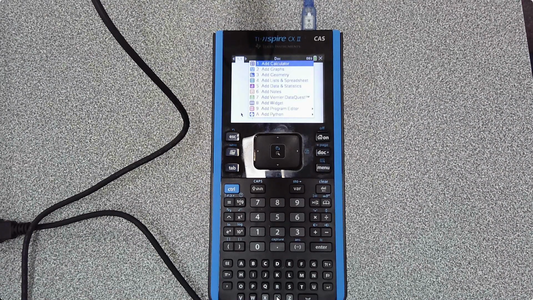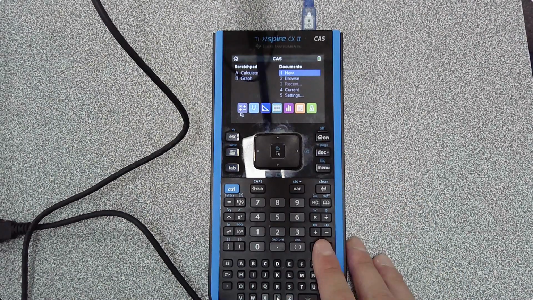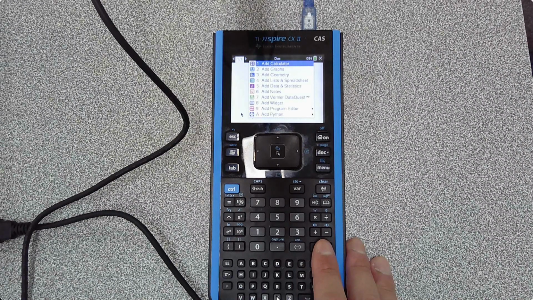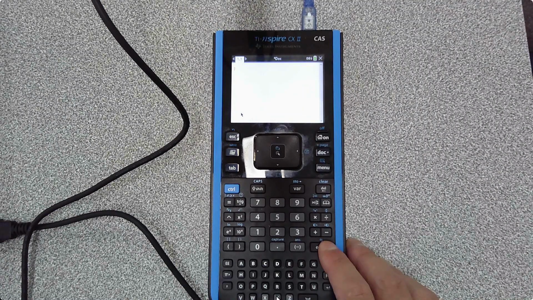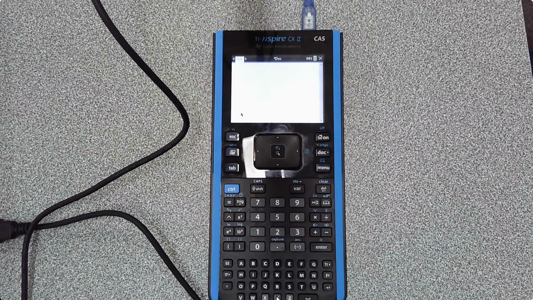If you are prompted to save changes, just select no. Too fast? All right, start again. Okay, new document. It comes up automatically for me because my document's blank. Yeah, it'll be slow the first time, so don't worry. Take your time.